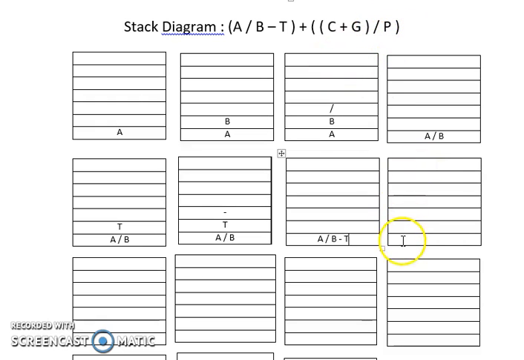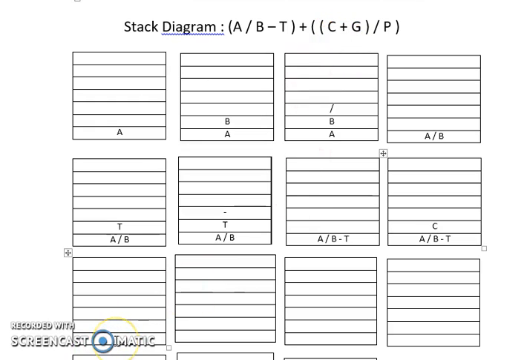Okay, so we write out the previous equation, which is A divide B minus T. At the top of the equation, we write out C first because we want to do the bracket first.